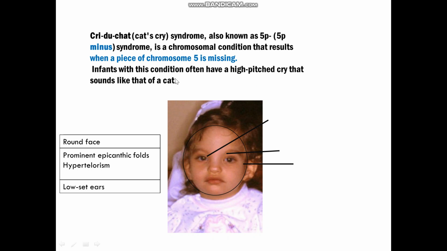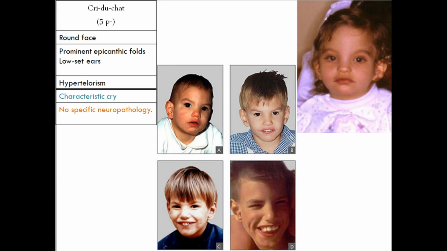The special cry sounds like that of a cat, and that's why it's called Cri-du-Chat, which is a French name that means cat's cry in English. As for the facies, there is a round face, prominent epicanthal folds, hypertelorism, and low set ears.